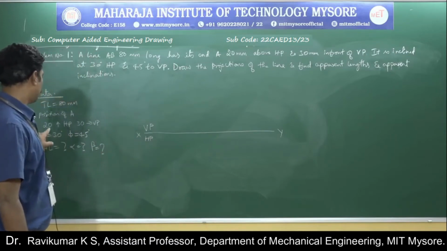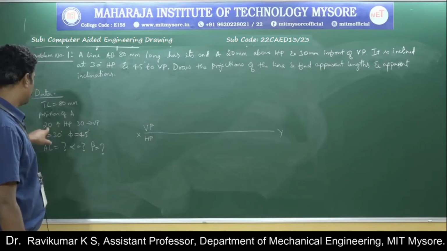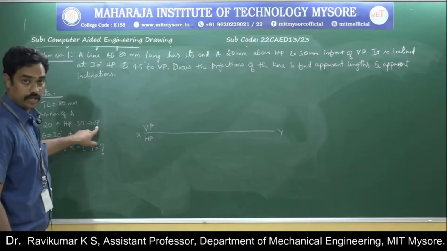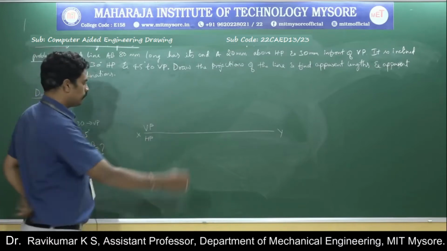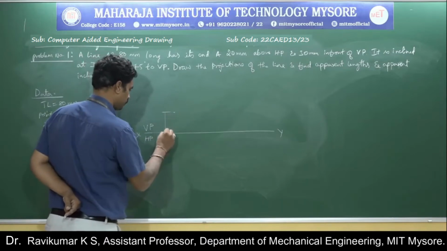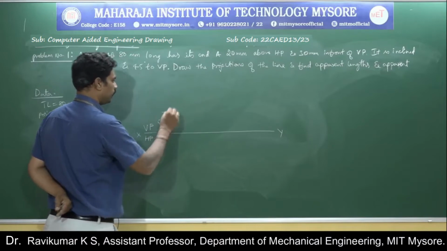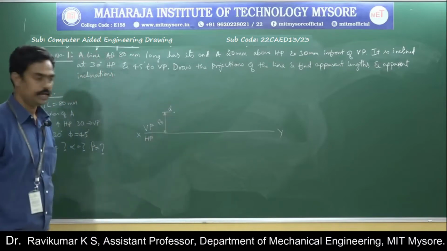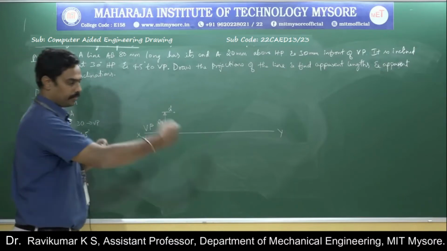So to start with, first locate point A. Point A is 20 mm above HP and 30 mm in front of VP. Above HP means it is the front view. So above HP, measure 20 mm and write A dash here. Then it is 30 mm in front of VP.